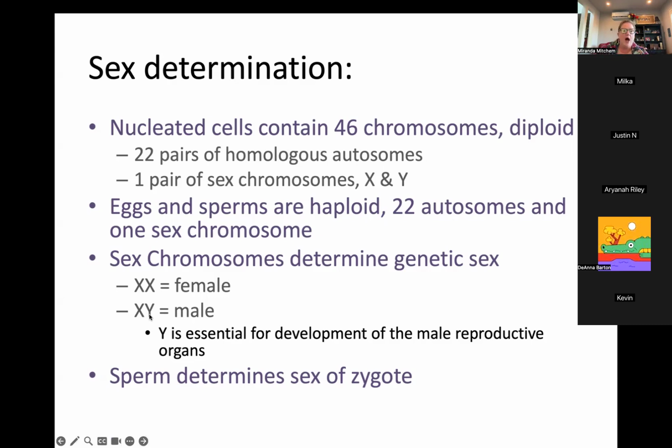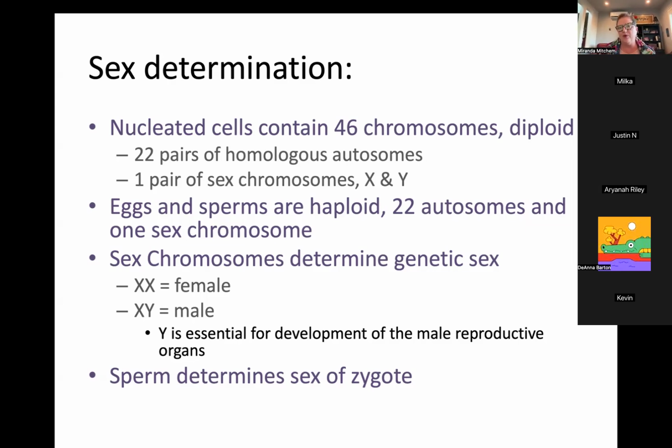So it is the Y chromosome that determines the development of the male. The pathway begins female until the Y chromosome starts to activate and produce its proteins. At that point the testosterone or androgen hormones are going to be produced, and the female ones are going to be shut down.